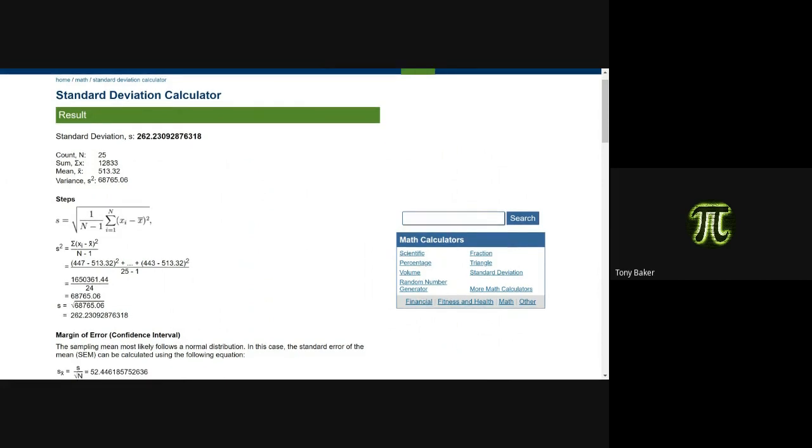So in this case, I have a mean of 513. And we always go one more place than what they gave me. So in this problem, there are no decimal places, so we'll go 513.3. And my standard deviation is 262.2.